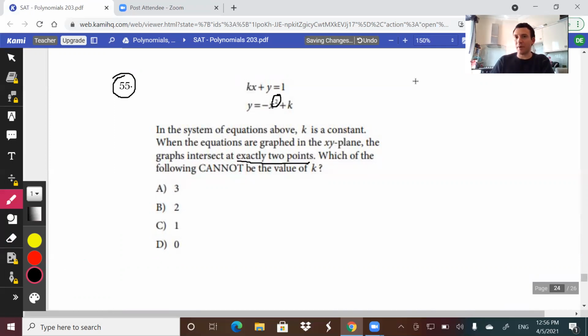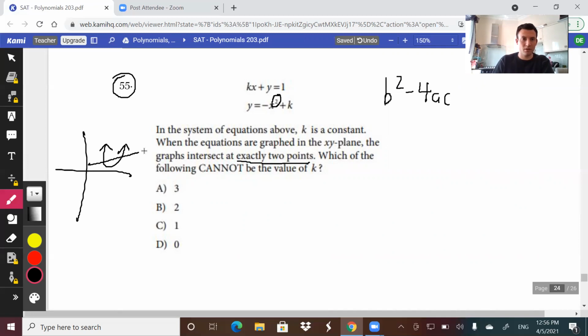Pause for a second and think about what that means as far as b squared minus 4ac. Is that going to be greater than 0, less than 0, or equal to 0? Well, if we have two solutions for our line and our parabola, then when we do negative b over 2a plus or minus the root of b squared minus 4ac all over 2a, to have two solutions for x, that means this has to be positive.